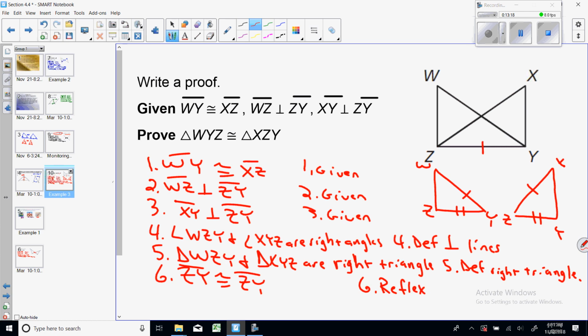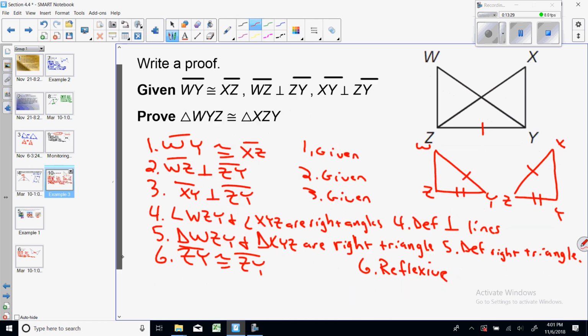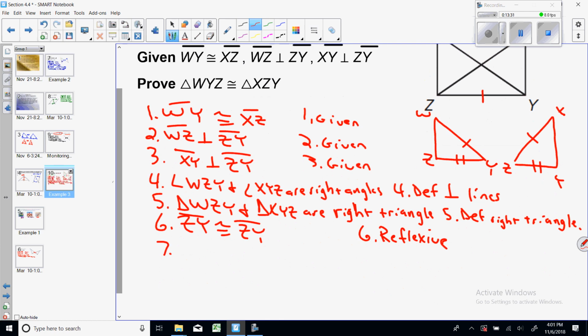And if you look at your picture now, okay, you've got a hypotenuse and a leg of a right triangle. And as a result, triangle WYZ is congruent to triangle XZY by the hypotenuse leg theorem, by hypotenuse leg congruence.